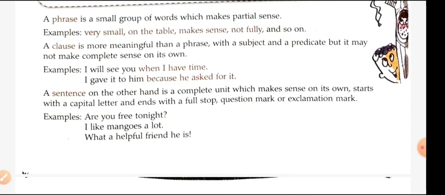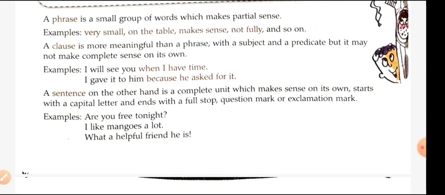A phrase is a small group of words which makes partial sense. Example: very small, on the table. It makes sense, but not fully. A clause is more meaningful than a phrase, with a subject and a predicate, but it may not make complete sense on its own.